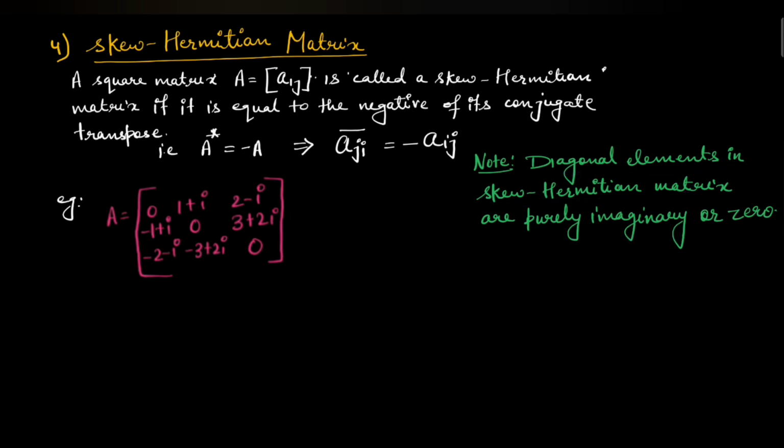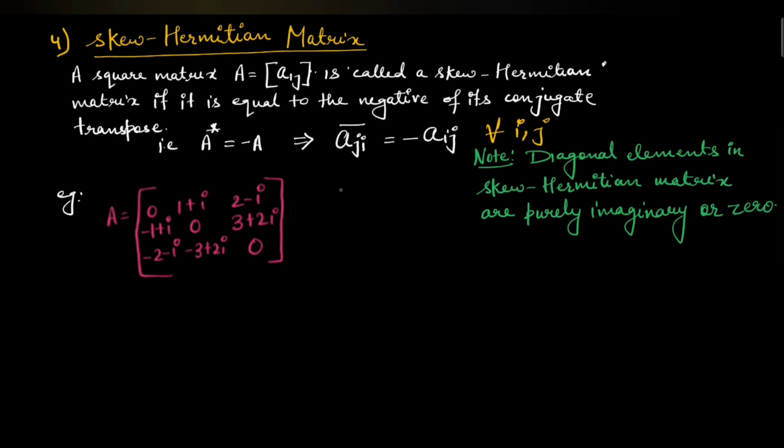Why? Suppose this condition is satisfied for every i and j, which means it will be satisfied for the diagonal elements also. Let us apply it on the diagonal elements. It will be a_ii conjugate equal to minus a_ii. Let us say our complex element is x plus iota y.